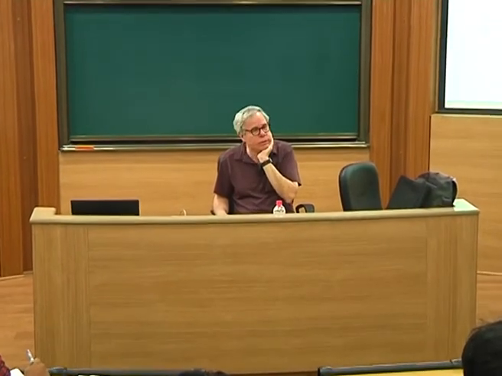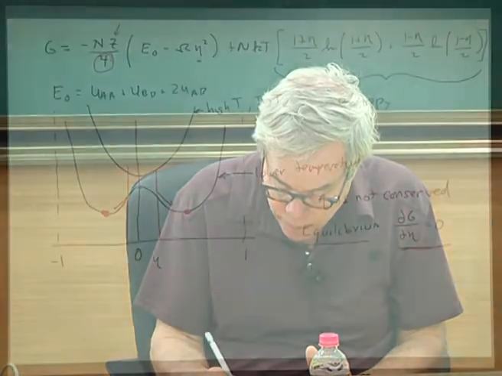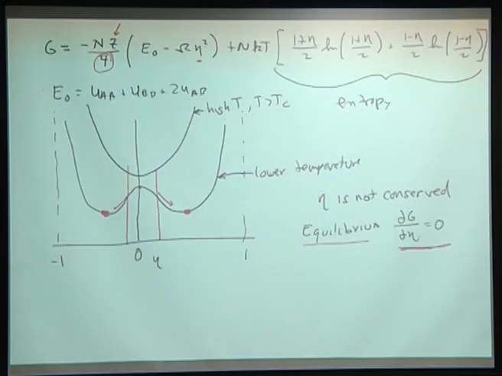Okay, so wait. I didn't get a question that I thought I would get. I just said that equilibrium is this, and that pretty clearly is here. But what about that? That satisfies that condition, right? And so that is an equilibrium condition.